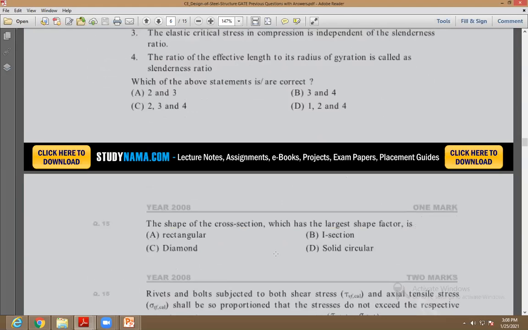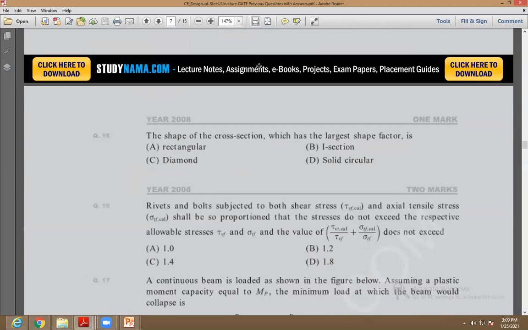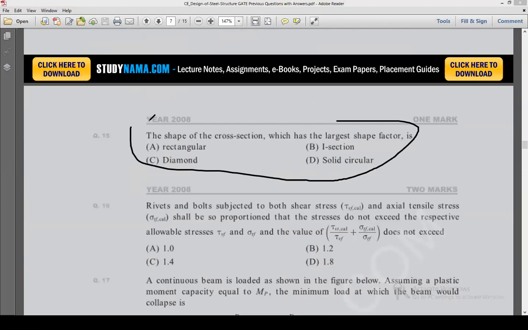Shape of cross section for largest shape factor, asked for 1 mark. You can say it is a diamond, because its value is 2, rectangle 1.5, I section 1.1, and solid circular section 1.7. Diamond has a shape factor of 2.